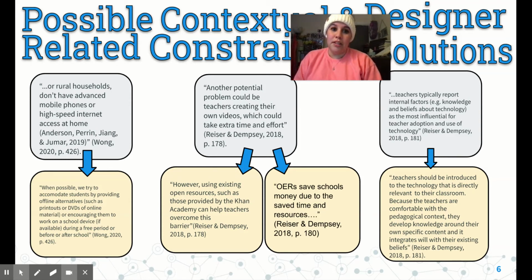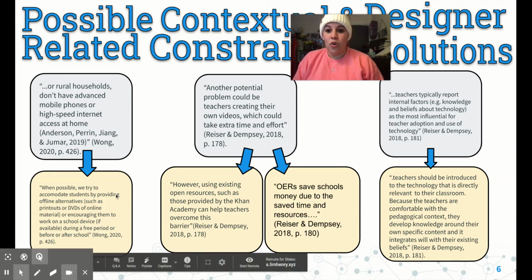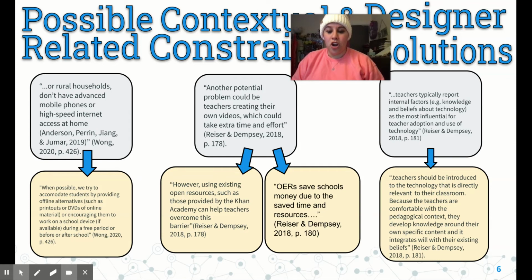We might experience slowdowns of internet speeds. And so we want to accommodate students as much as possible by providing offline activities as well, whether those are printouts or DVDs, or giving them other ways to work.